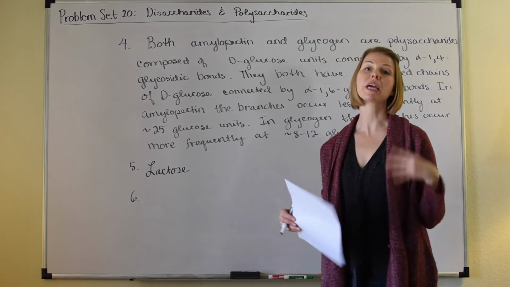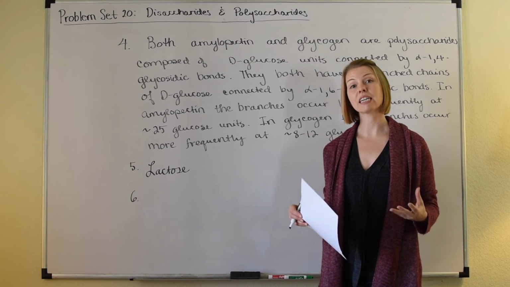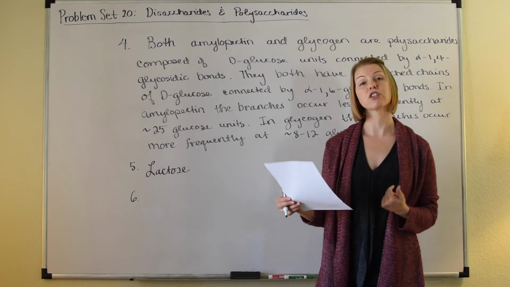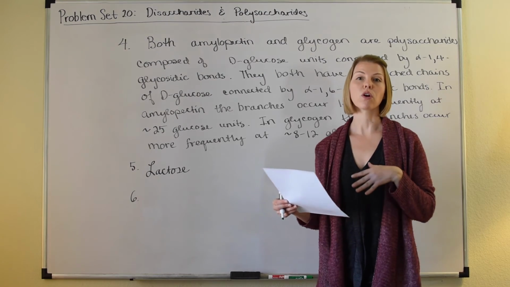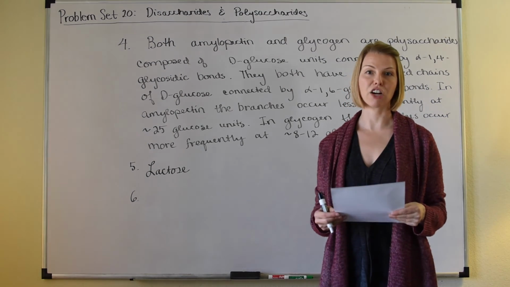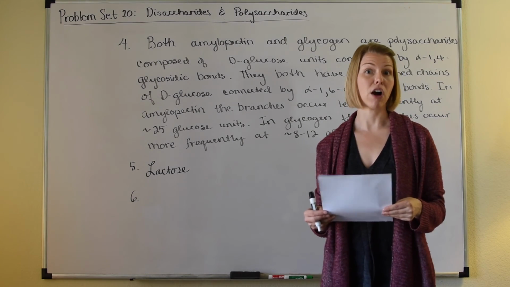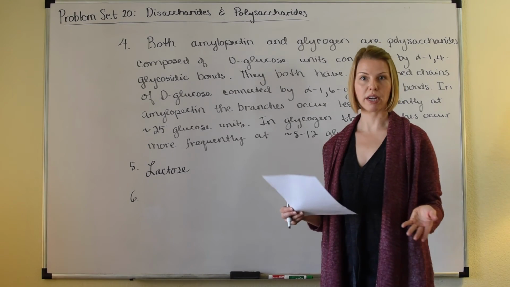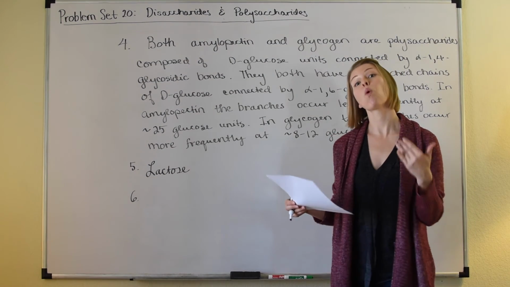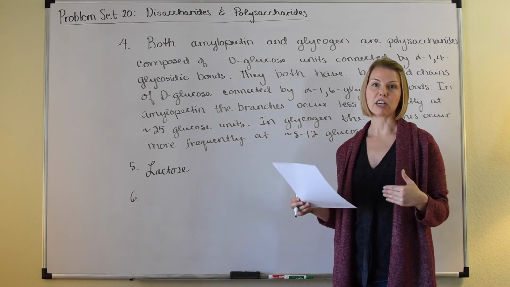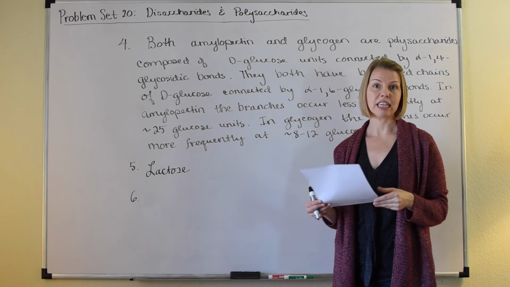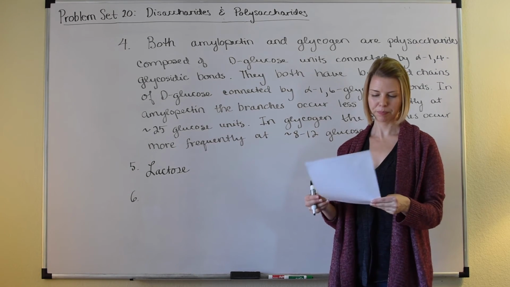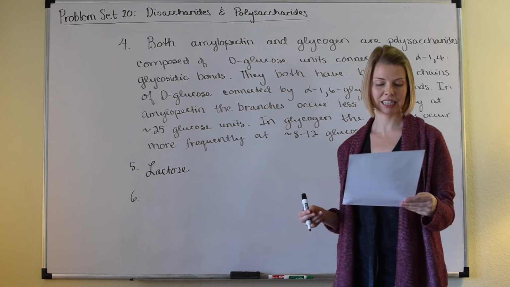So you should be able to give a description like what appears in number 5 for the 3 different common disaccharides that we talked about in tutorial number 20, as well as the 4 different polysaccharides that we discussed in tutorial 20.